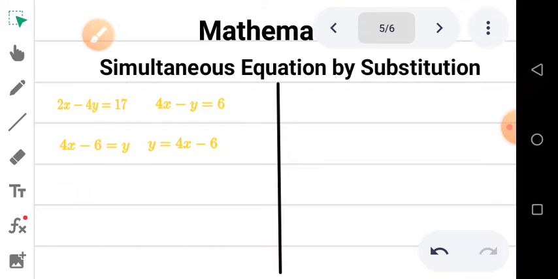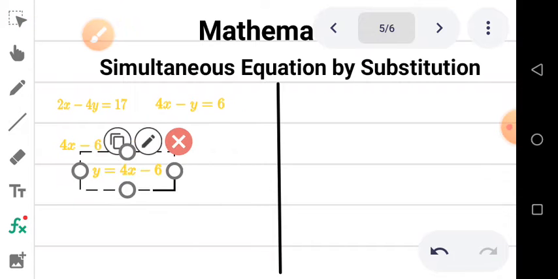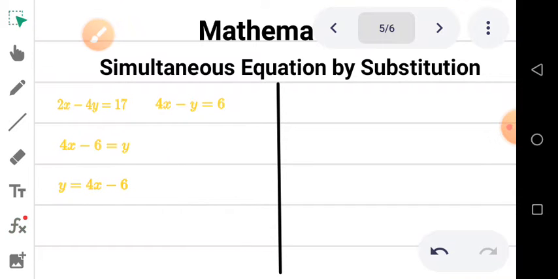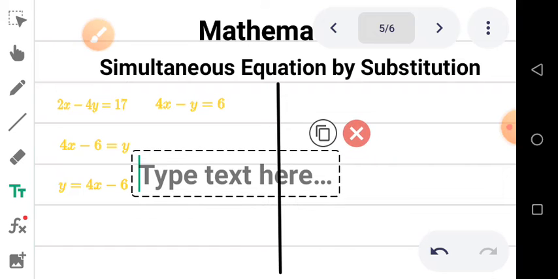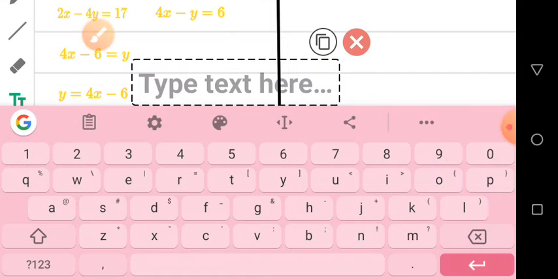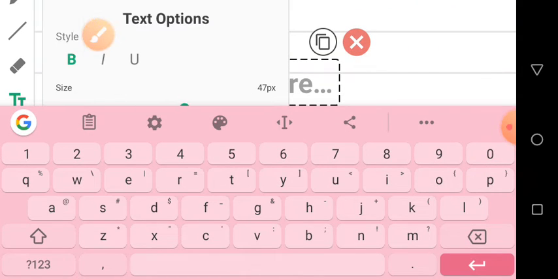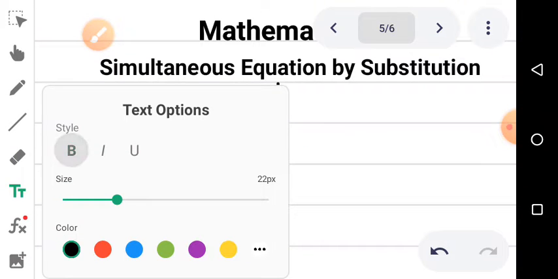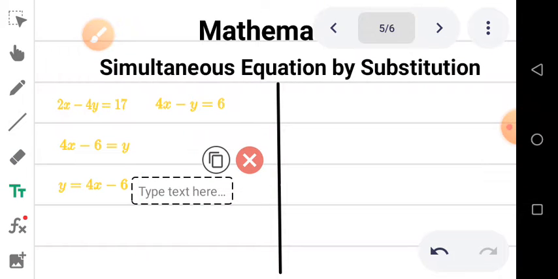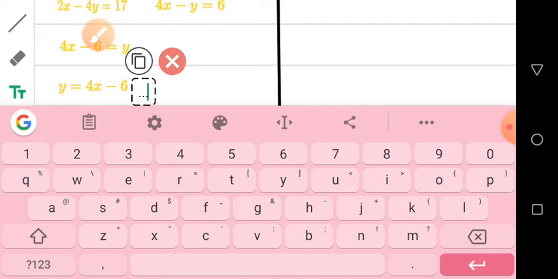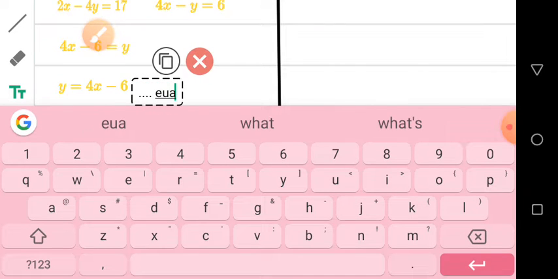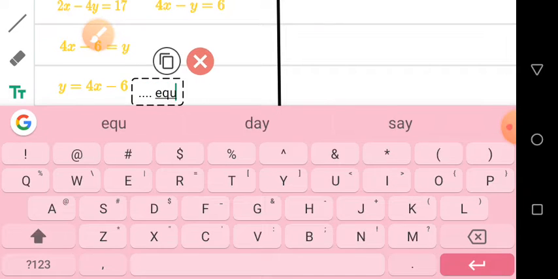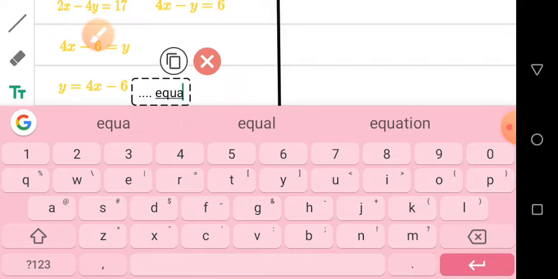So that's exactly what it is, and this now is our equation 3. Let me indicate that here.